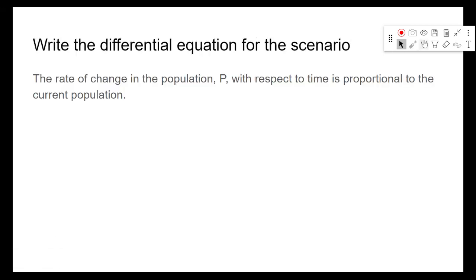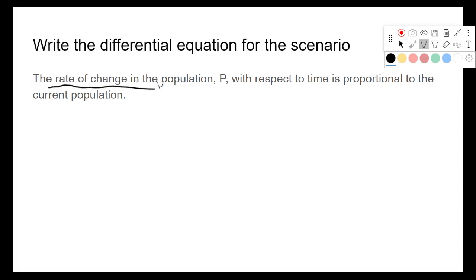Okay, so first thing I'd like you to do is write the differential equation for the given scenario below. We've done this before. It says the rate of change in the population p with respect to time t is proportional to the current population.